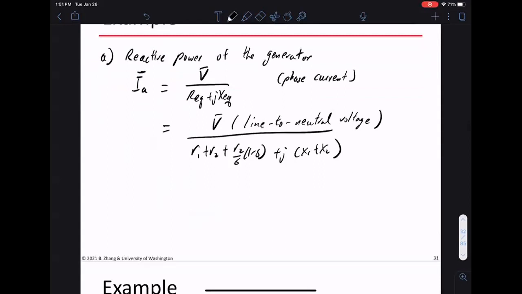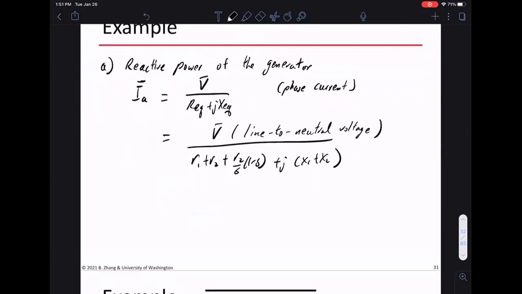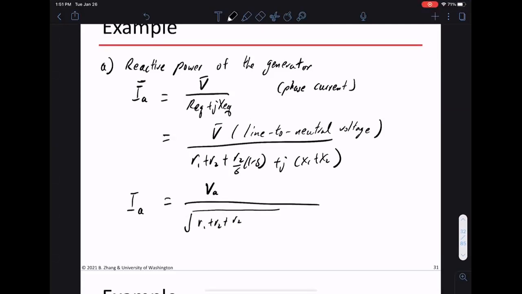The easier way to do this, instead of doing all the angle conversion, is to look at the magnitude of the current. This is the magnitude of the line-to-neutral voltage, divided by the square root of R1 plus R2 plus R2 S, 1 minus S, whole thing squared, plus X1 plus X2 squared.